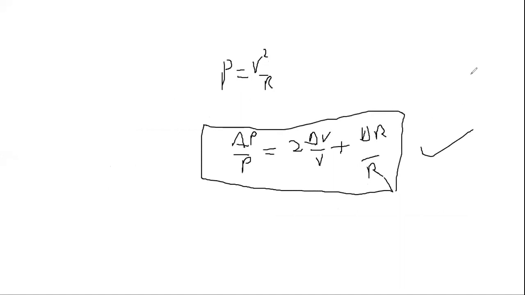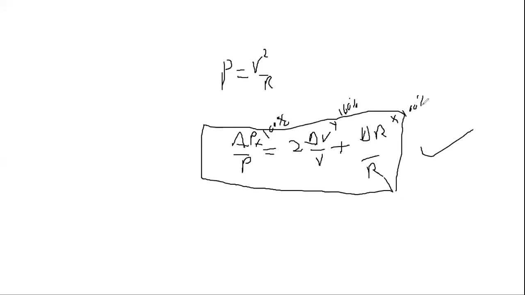Now whenever they say percentage, you no need to find the changes of P. You just multiply everything by 100%. Left 100%, right also 100%, right?